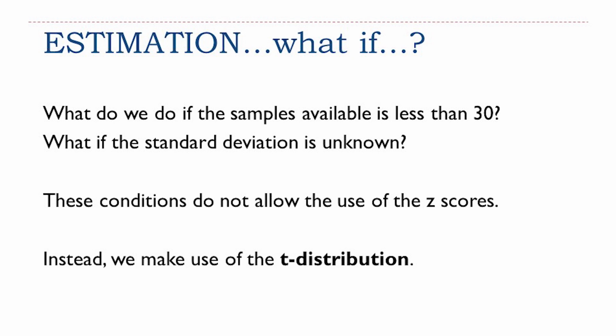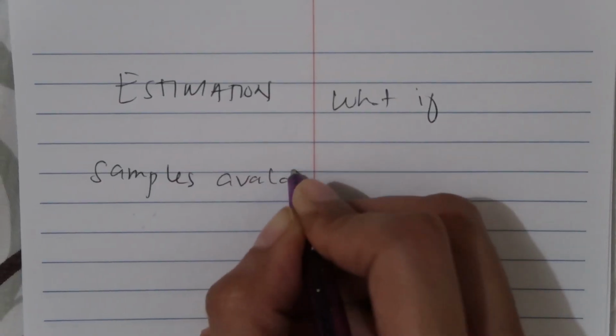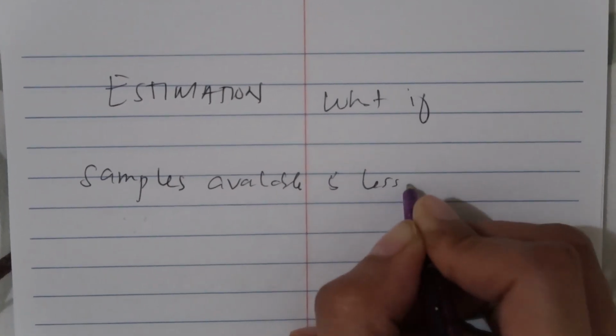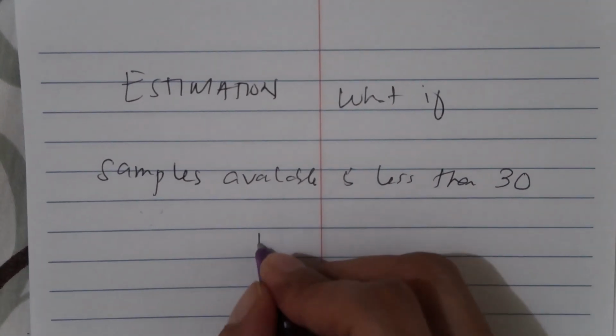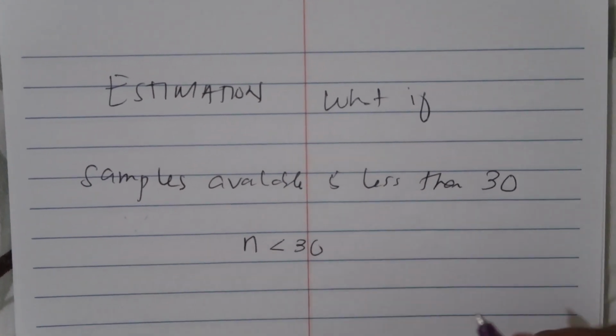What if the samples available are less than 30, meaning n is less than 30?